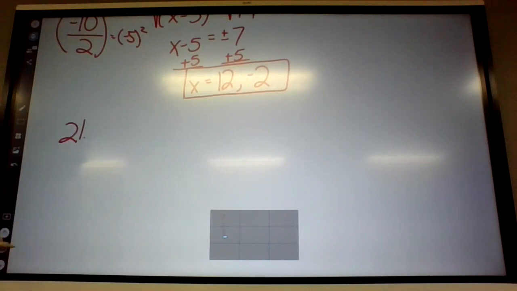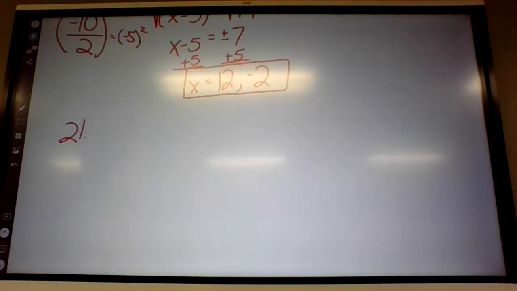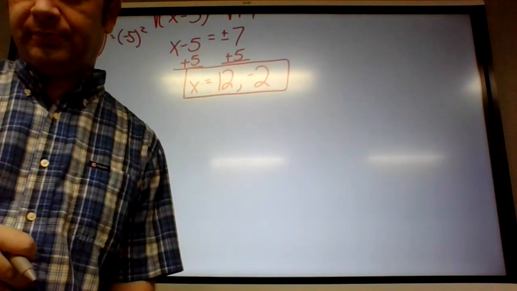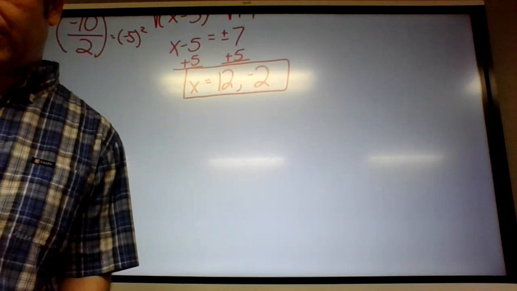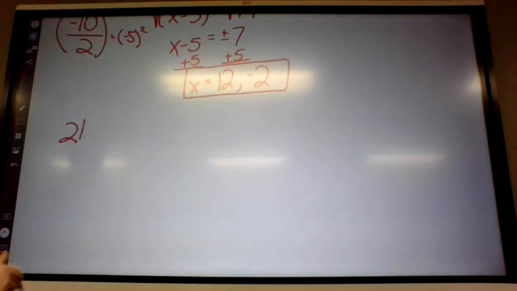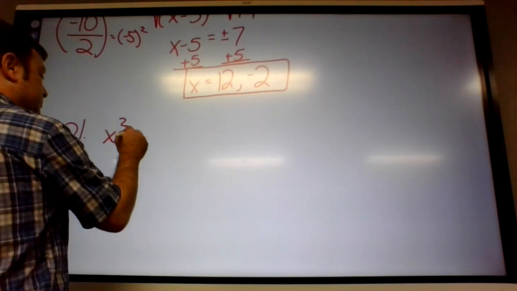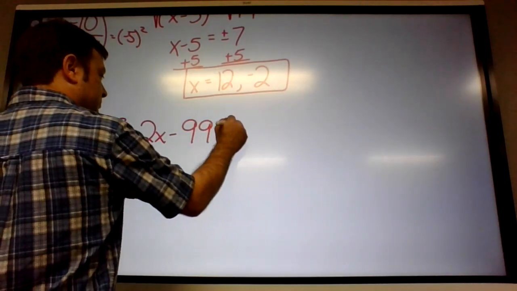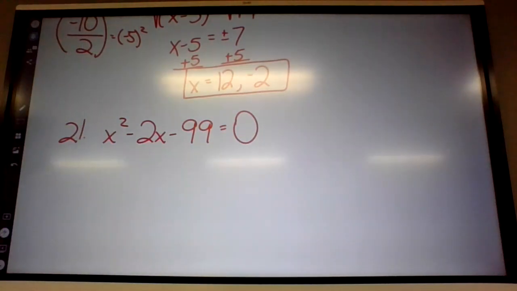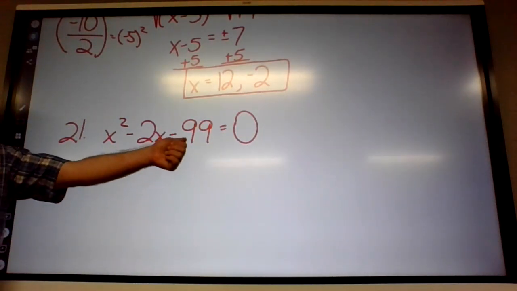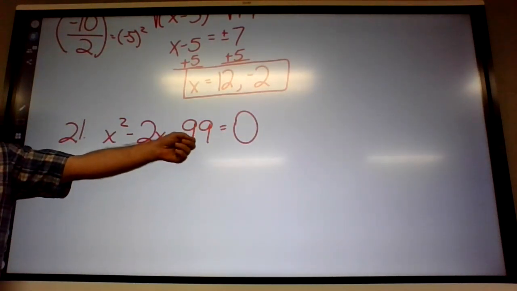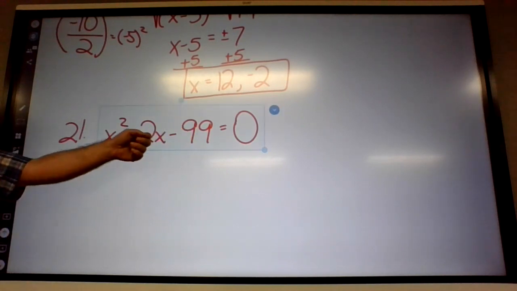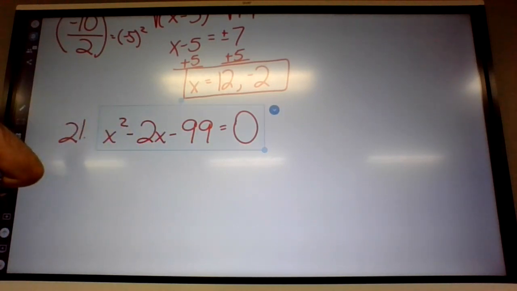All right, uno más. X squared minus 2x minus 99. Do you guys know, like if we were factoring this, what multiplies into negative 99 that would add up to negative 2? You guys think of it?